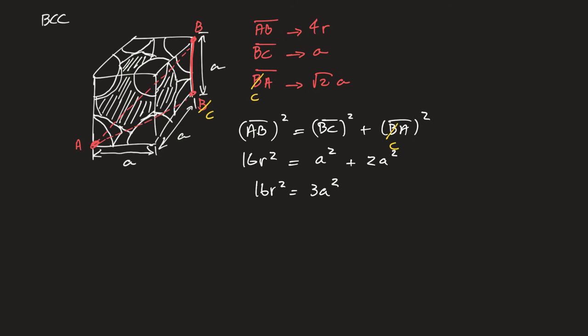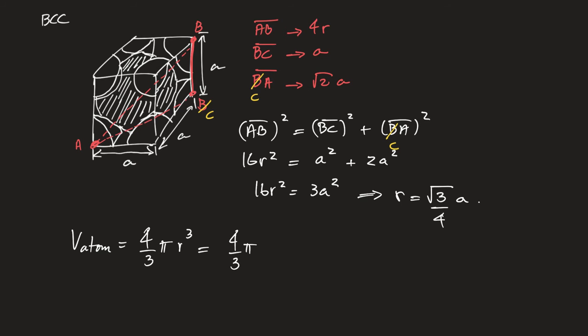If we solve for r, we have r equals square root of 3 over 4a, right? Therefore, the volume of one atom here will be 4 over 3 pi r to the power of 3. But r is square root of 3 over 4 a, and then 4 over 3 pi times square root of 3 over 4 a to the power of 3.